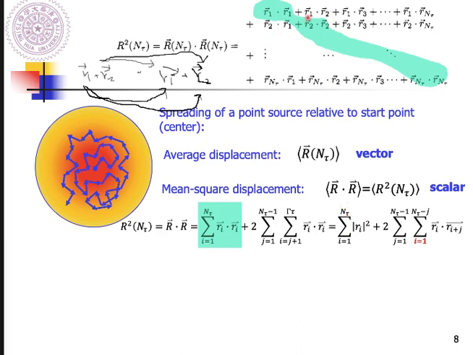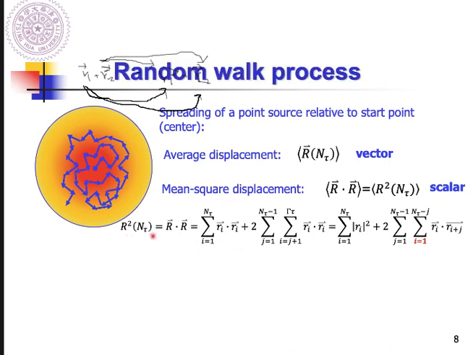And for the rest of the part, you get r1 dot r2 and r2 dot r1, so you can put the 2 in front of it and the summation of ri dot ri plus j, so you get r1 dot r2 plus r2 dot r3, and you get a 2 here. So we successfully get this equal to this, right?